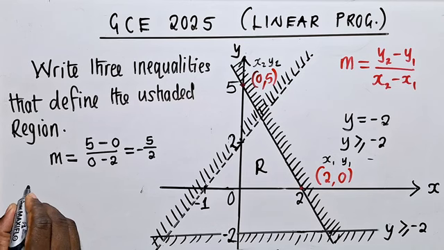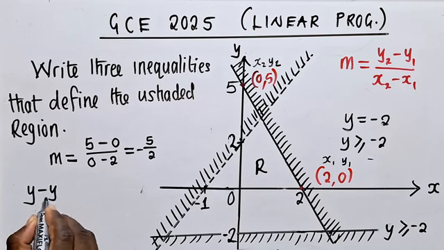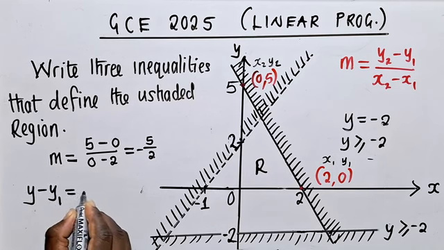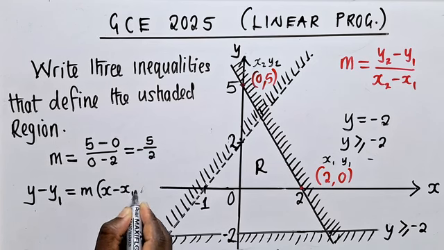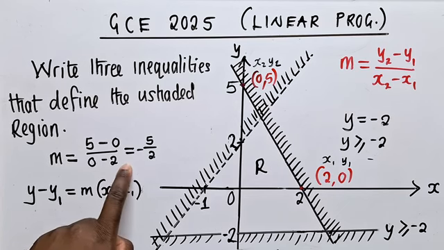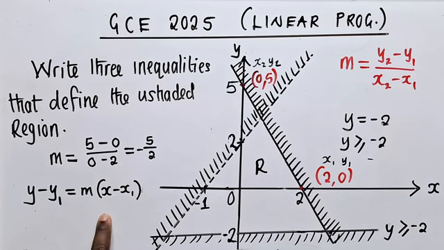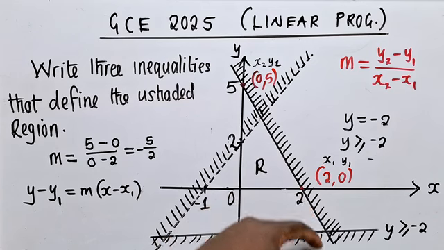Now we can say y minus y1 is equal to m times x minus x1. This formula, you also need to know it. After finding the gradient, you now use this formula to find the equation of a straight line.